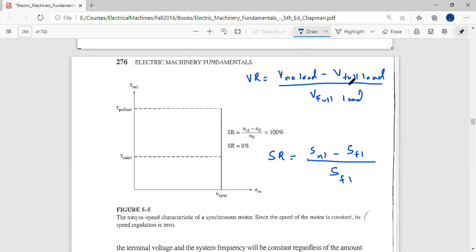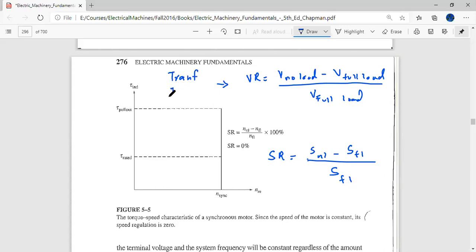Whenever you have some electrical load attached, the terminal voltage falls, except in the case of leading loads, as we have seen in the case of a transformer. So we have studied this equation for transformers.